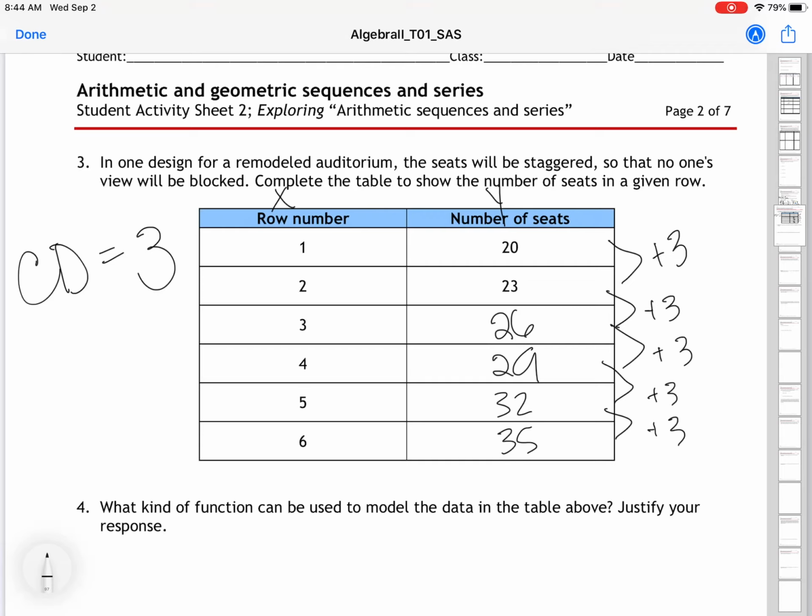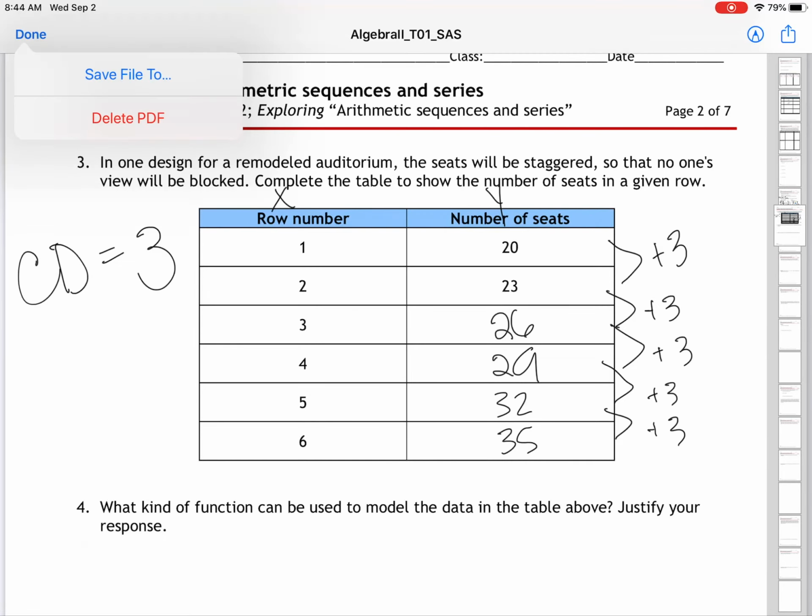Now, number 4, it says, what kind of function can be used to model the data in the table above, okay? So there are 2 types of equations that we can use.